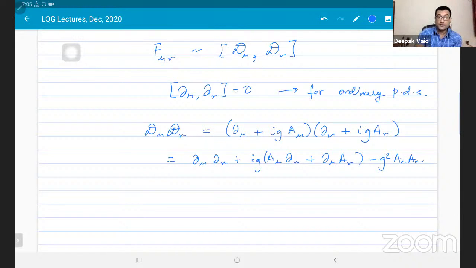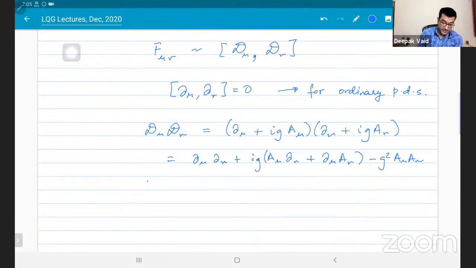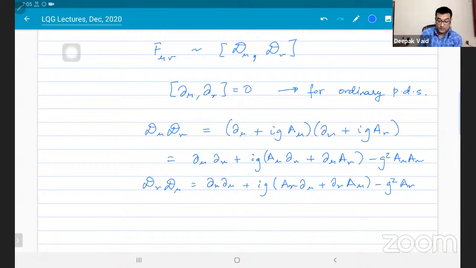Okay, so this is our first term. The second term will be the same thing, only with the order of the indices switched, plus ig A nu d nu, d nu A mu minus g squared A nu A mu.